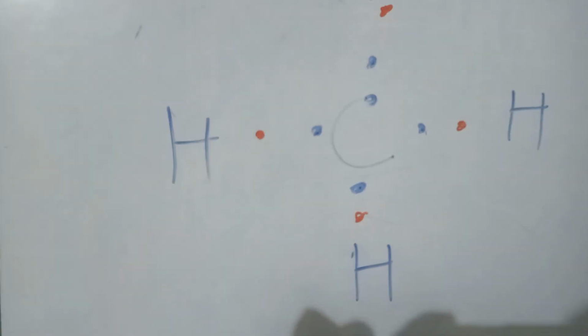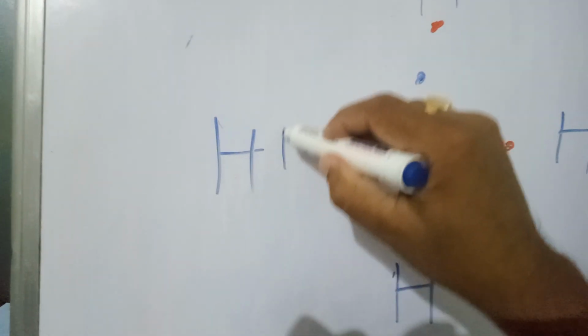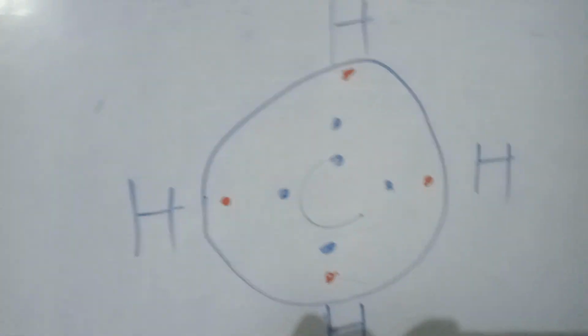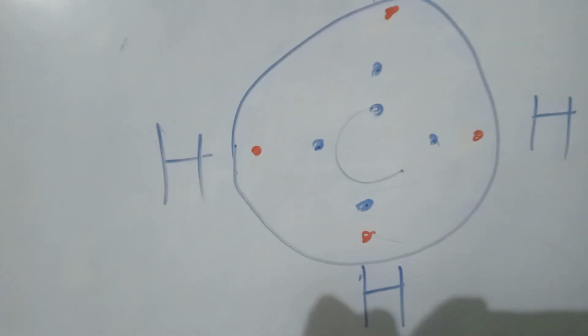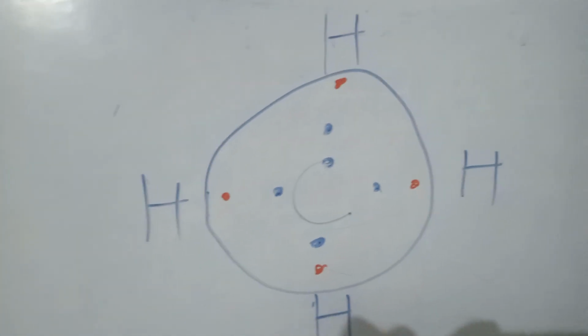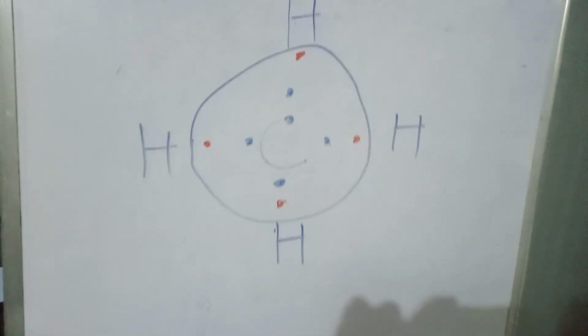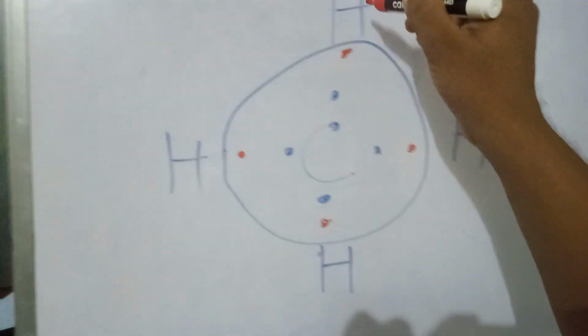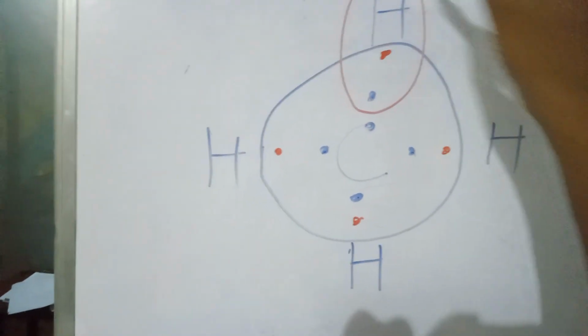This carbon will share its electrons with hydrogen, and the hydrogen also will share its electrons with the carbon. So that now we find the carbon is having 8 electrons after sharing, and each hydrogen is having 2 electrons.